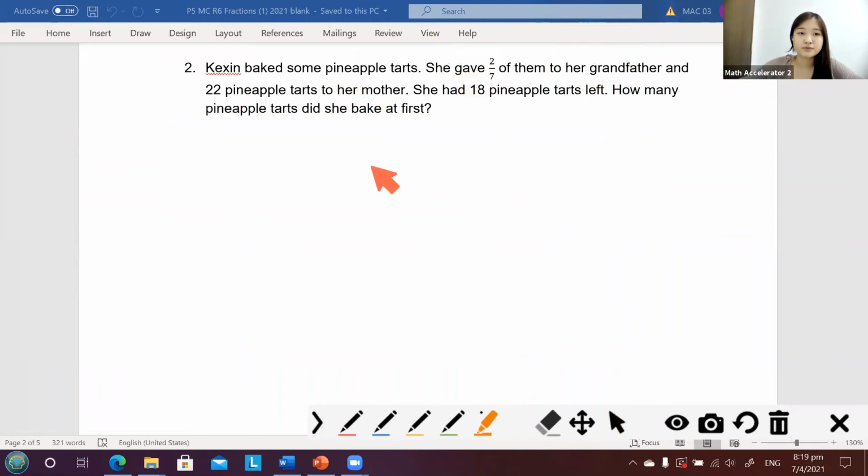Okay, question 2. Kersing baked some pineapple tarts. She gave 2/7 of them to her grandfather and 22 pineapple tarts to her mother. She had 18 pineapple tarts left. How many pineapple tarts did she bake at first?